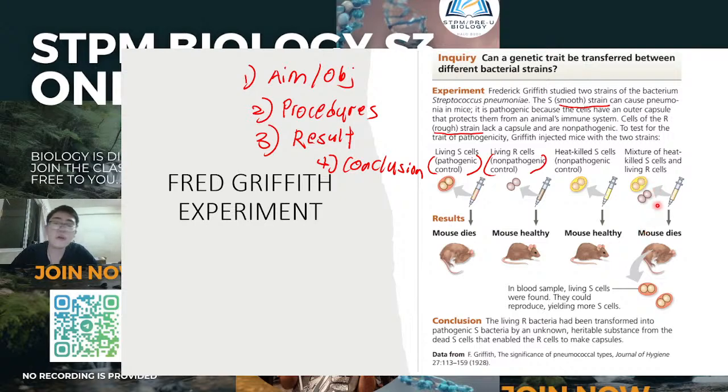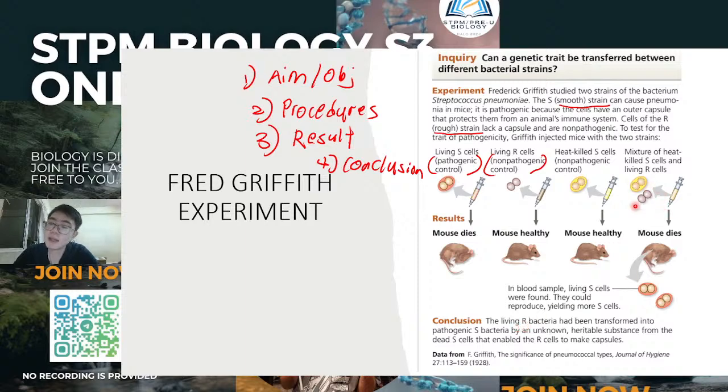So from here you can make one conclusion: the living R bacteria had been transformed into pathogenic S bacteria by an unknown, heritable substance from the dead S cell that enables the R cell to make capsule.